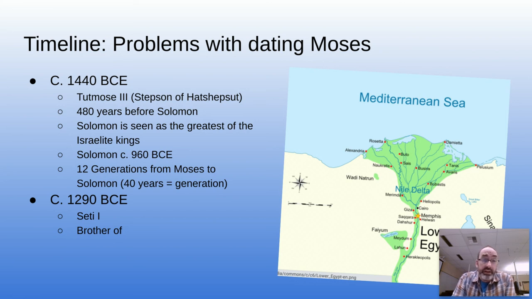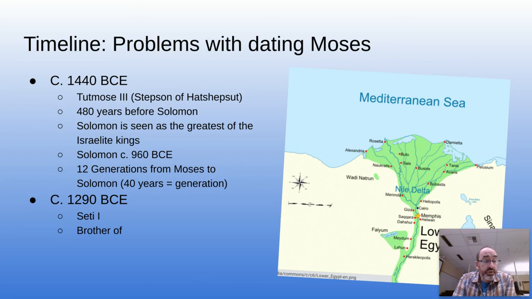Now, another thing, this is based on 12 generations. That's what they say. 12 generations from Moses to Solomon, but they give 40 years for a generation. And that's difficult. Typically nowadays, I would say 20 to 25 years is a generation. I'm not sure what generation you guys are right now, but it is several generations removed from what I was raised.